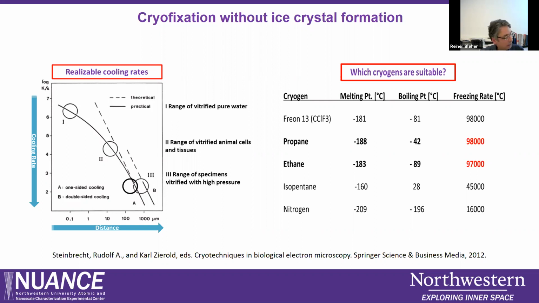But with ethane and propane, we can achieve freezing rates of close to 100,000 degrees per second, and this makes them suitable for plunge freezing. It's also clear from this table that nitrogen is not a very good coolant, because we have extremely slow freezing rates because of the Leidenfrost effect.